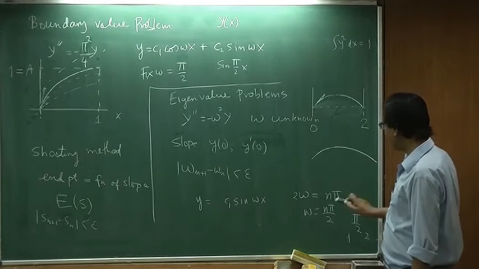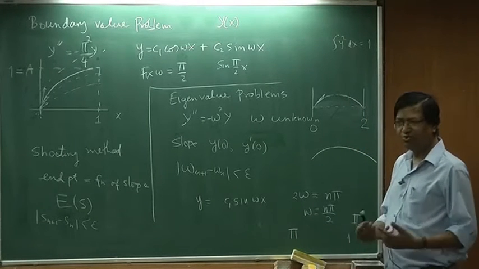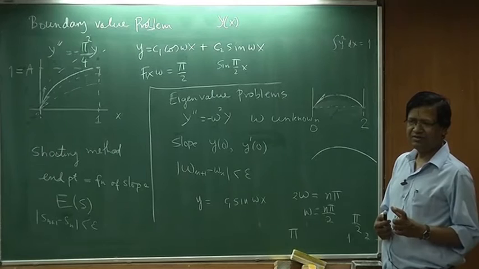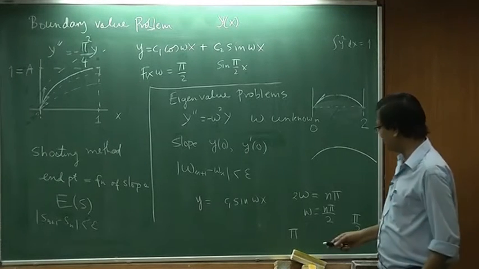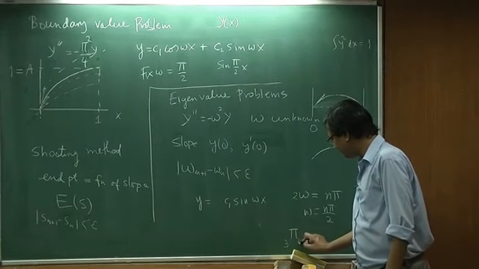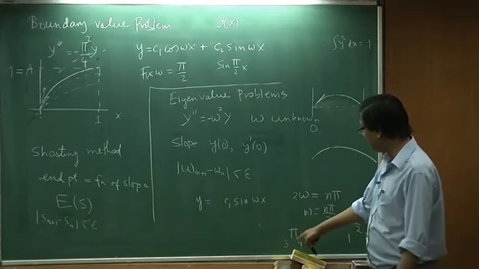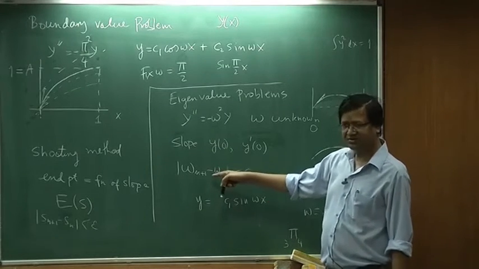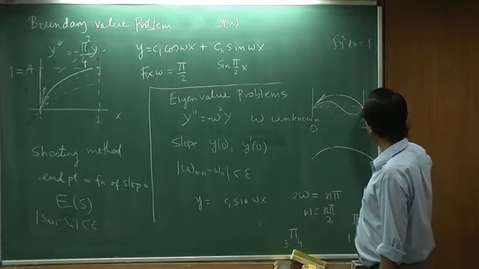But suppose I want the next solution, which is pi. Then what should my first two trial values be? You should bracket 3.14, so you should choose 3 and 4, and then you will converge. If I start with 3 and 4 as my first two trial omegas, then I will get this.